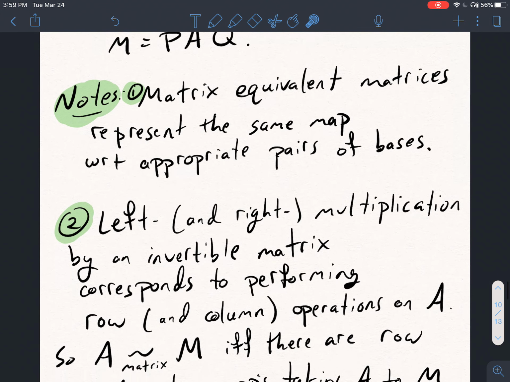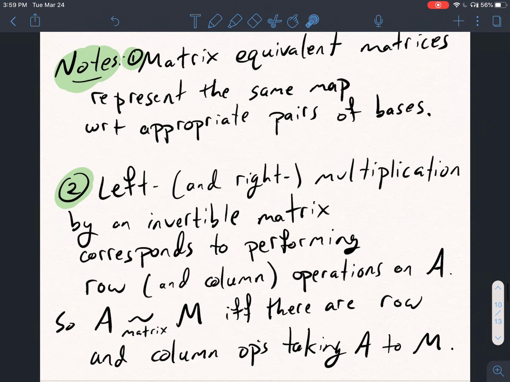Okay, this next note is pretty much a note on how to easily identify if two matrices are matrix equivalent. Left and right multiplication by an invertible matrix corresponds to performing row and column operations on A. We already talked about how left multiplication corresponds to performing row operations.